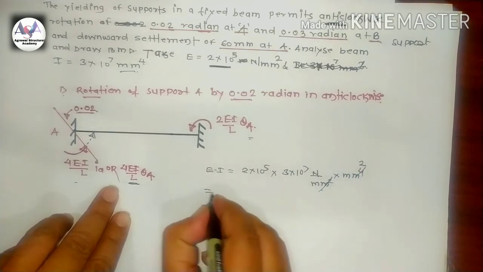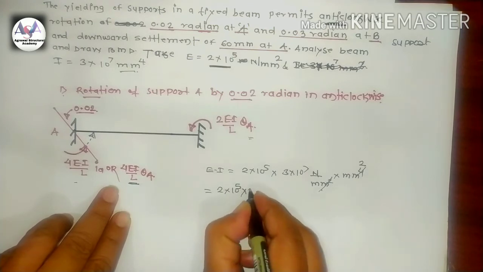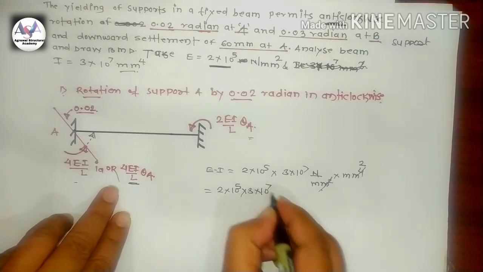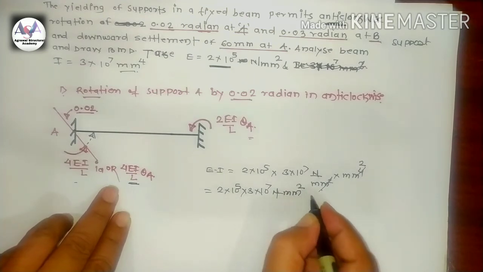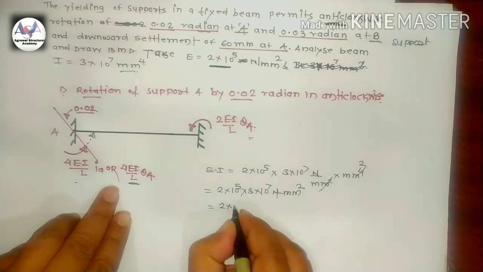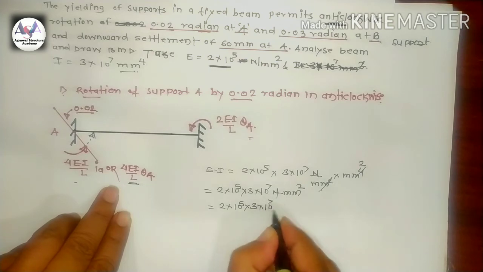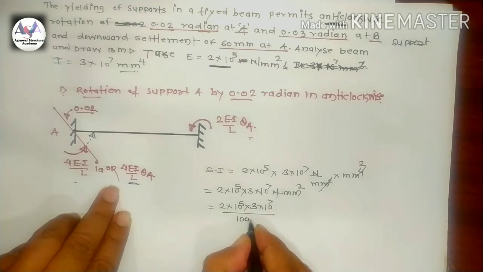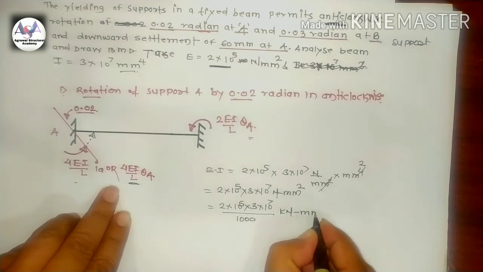So this becomes 2 into 10 raised to power 5 into 3 into 10 raised to power 7 Newton mm square. Now we want kilonewton, so divided by 1000, and this becomes kilonewton mm square.